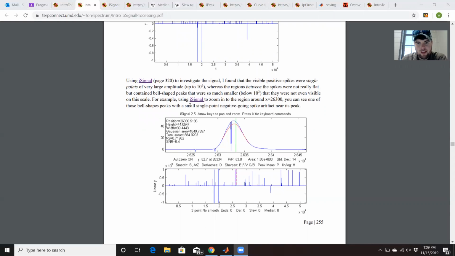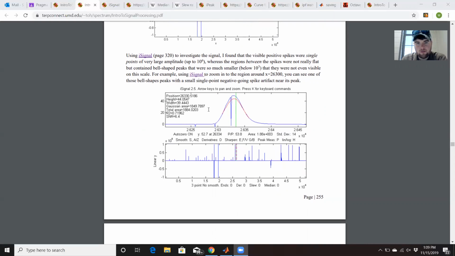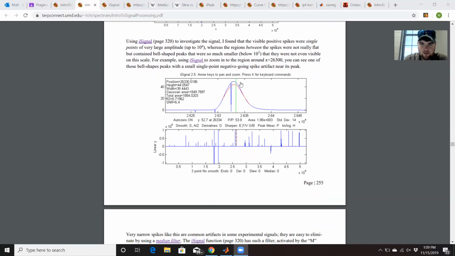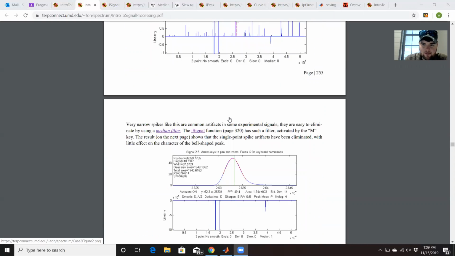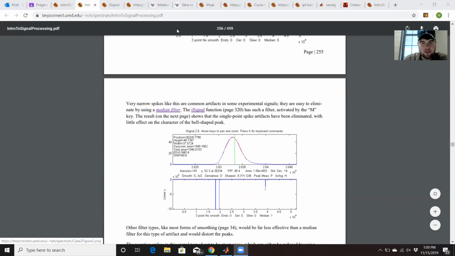Now this function iSignal also, in addition to allowing you to see these little sections, smooths out the function and eliminates negative spikes using a median filter. Now you may be wondering, what is a median filter?